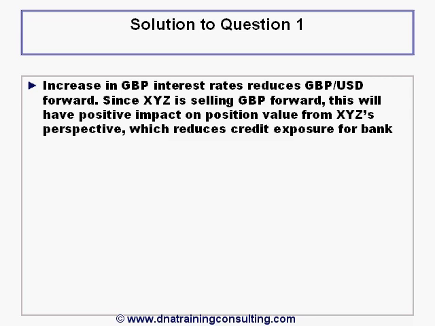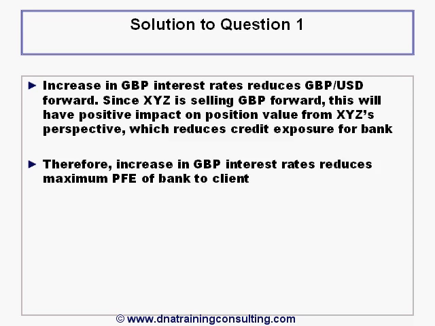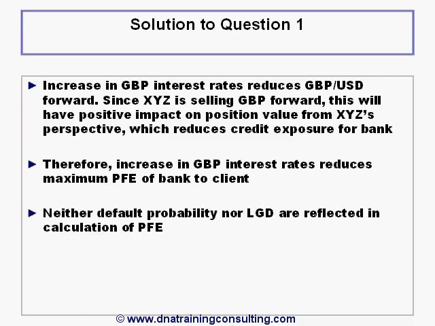Therefore, an increase in sterling interest rates will reduce the maximum PFE of the bank towards the client. As explained in the module, neither default probability nor LGD are reflected in the calculation of PFE. Therefore, the correct answer is A, as in apple.